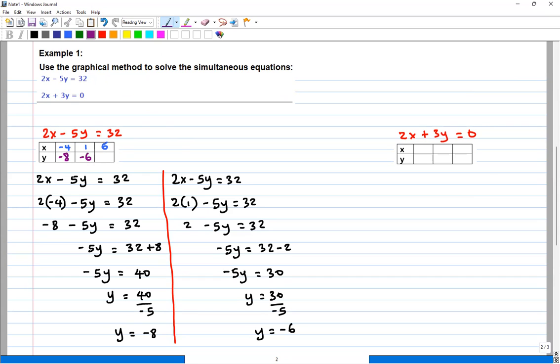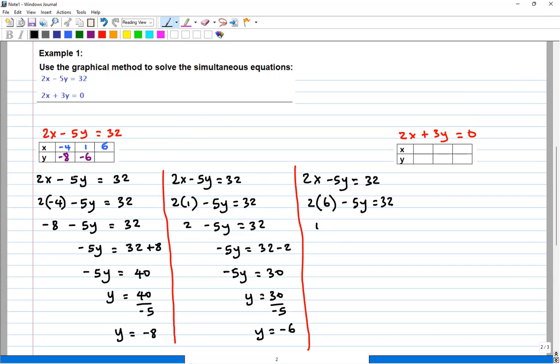Now, let's go ahead and get the last value. Let's say we are having 2x minus 5y is equal to 32. So we say that we have got x as 6, so that is 2 into 6 minus 5y is equal to 32.